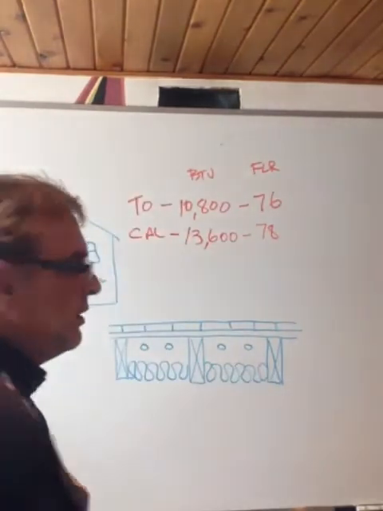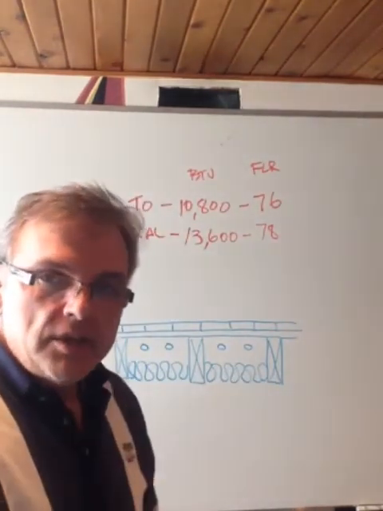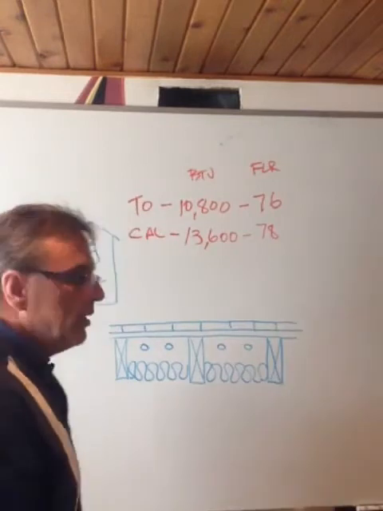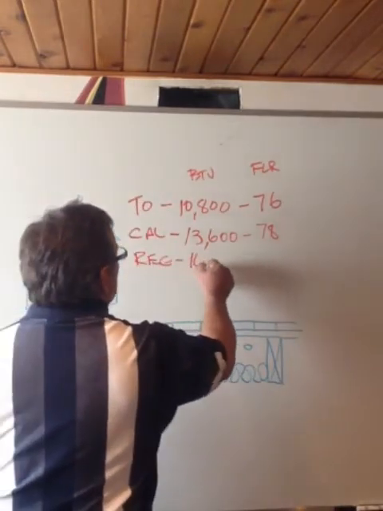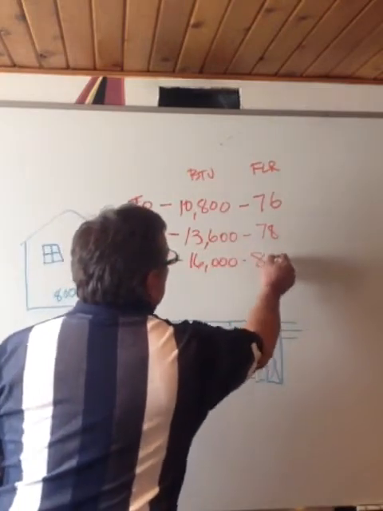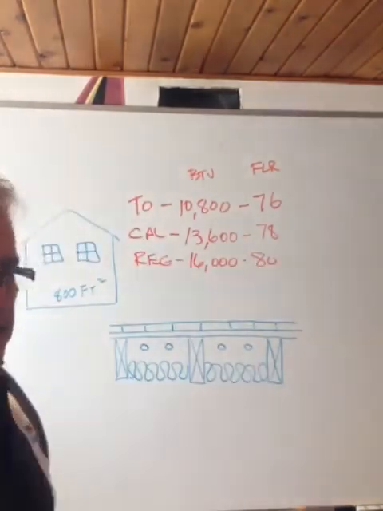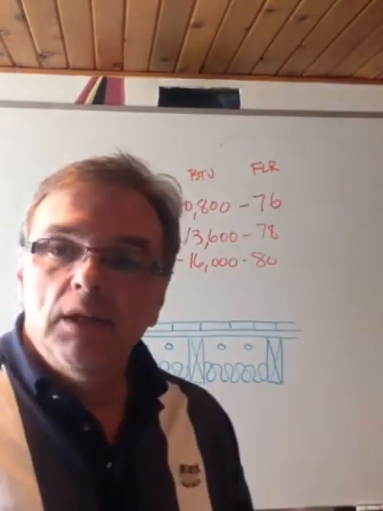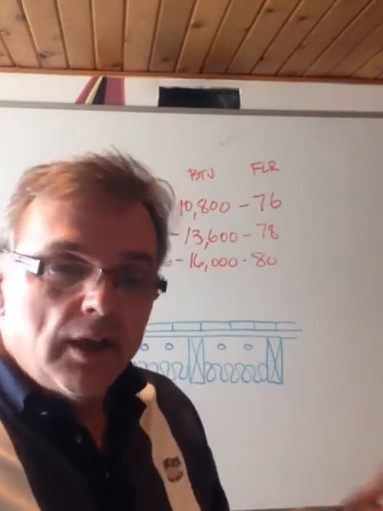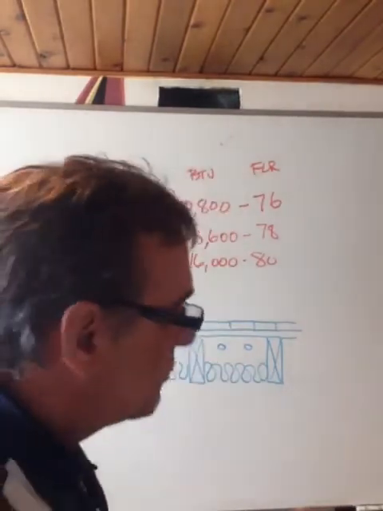Now, if we were to build that same structure in Regina, where it's always balmy, we're looking at 16,000 BTUs an hour, or an 80 degree floor surface temperature. Okay, so that's all not completely unreasonable. It's certainly doable. Now you got to look at water temperatures.